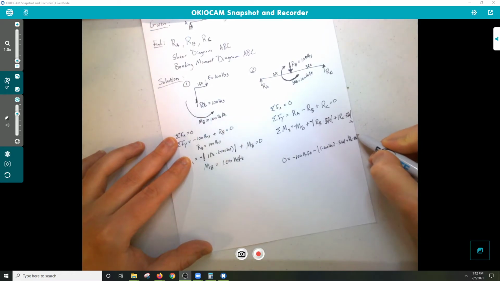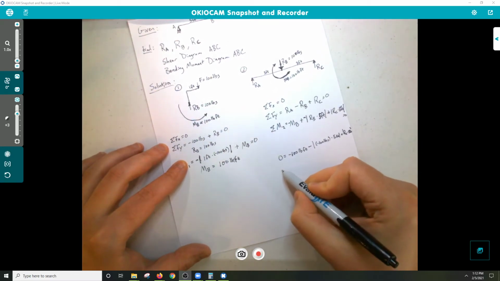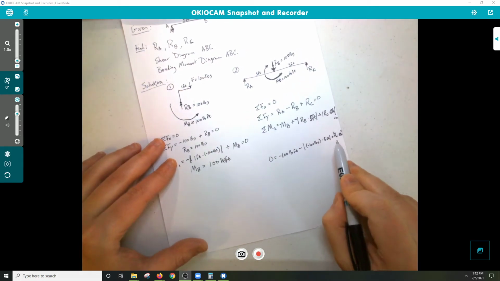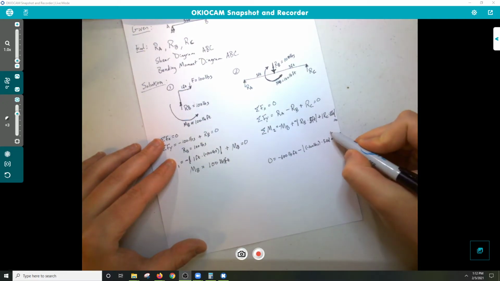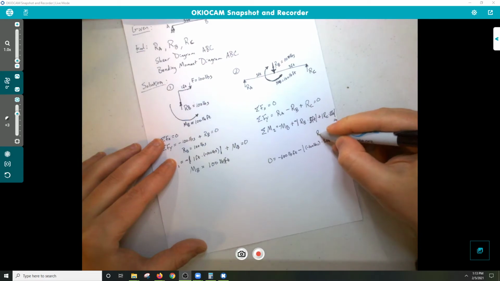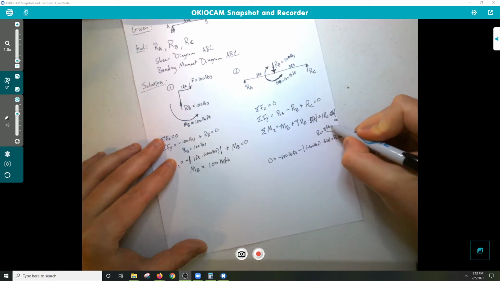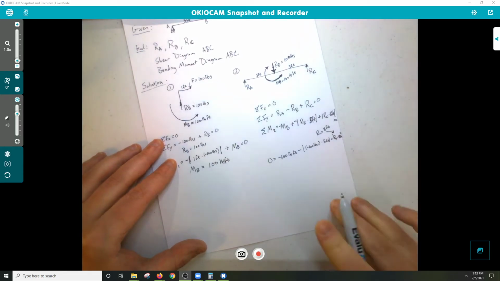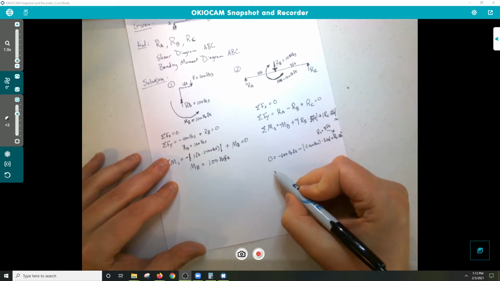Again, absolute value bars. Sorry, I'm getting a little crunched there, but basically that's just so you can read it. This is RC plus 8 feet. This is a problem with working with pen.